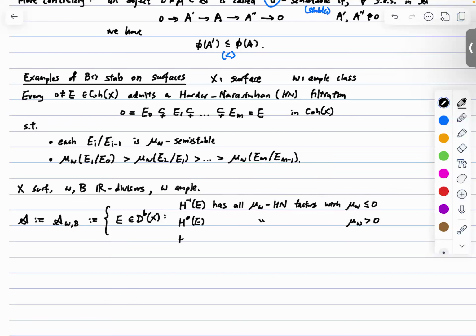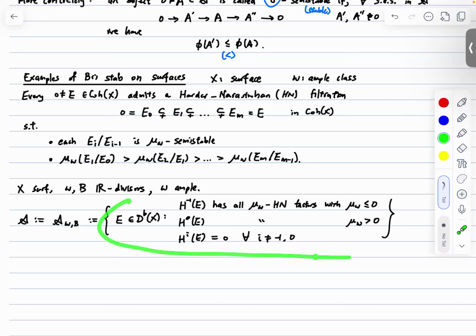And then we want all the other cohomologies to vanish. So the cohomology has to be 0 whenever the degree where you're taking the cohomology is not equal to 0 or -1. And you can show that this subcategory of the bounded derived category of coherent sheaves is an abelian category.